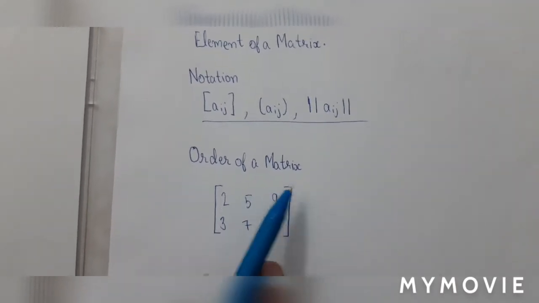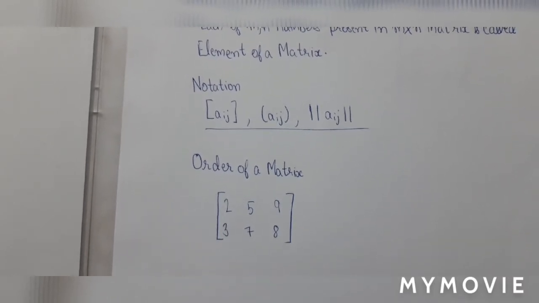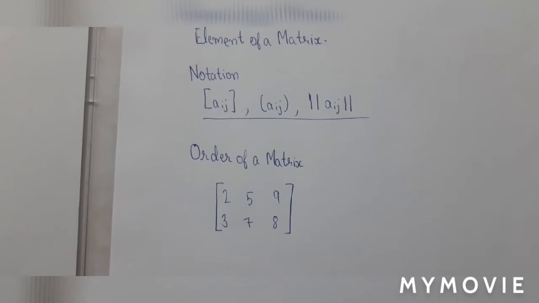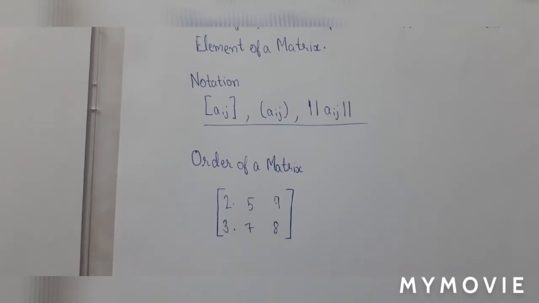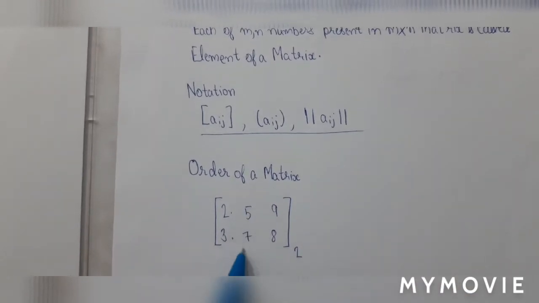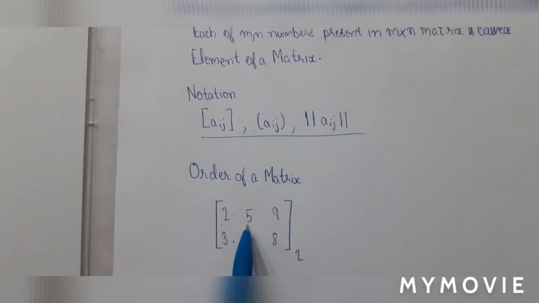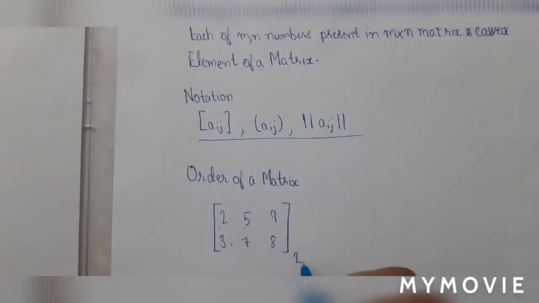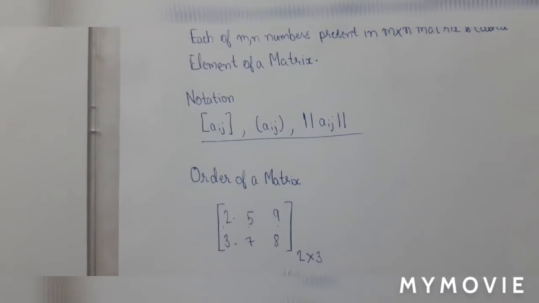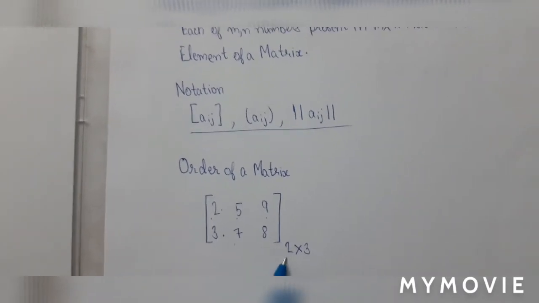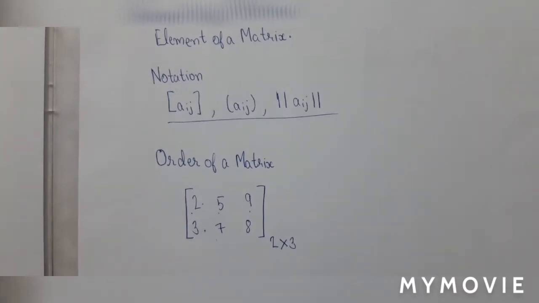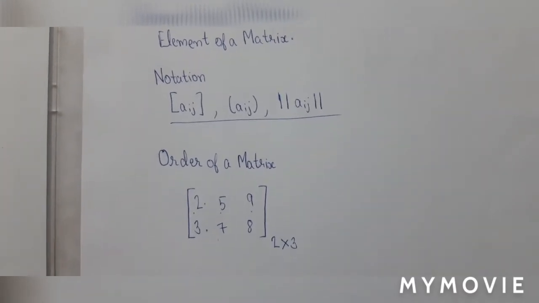Let's identify the order of this matrix. See, first you should count the number of rows. There are two rows, so you should write 2, and then you should count the number of columns. There are three columns, so then you should write 3. So the order of this matrix is 2 cross 3 or 2 by 3. So this is the order of a matrix.